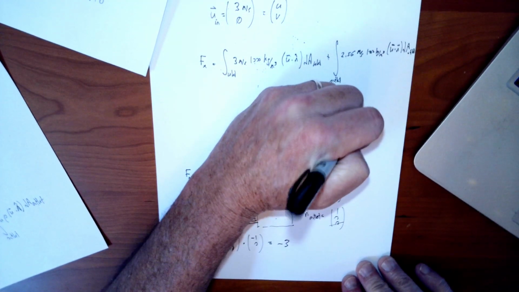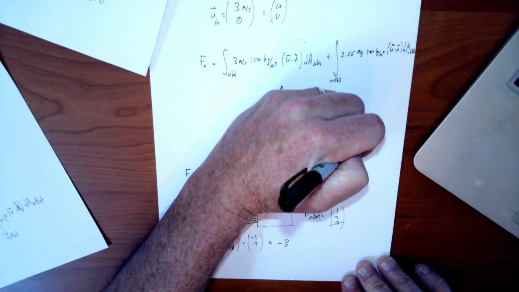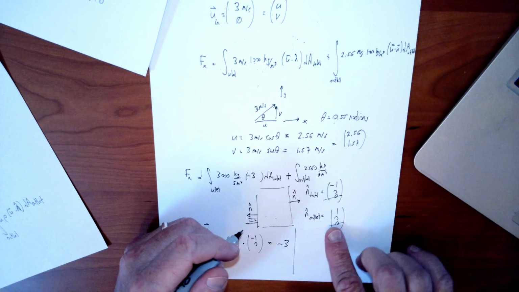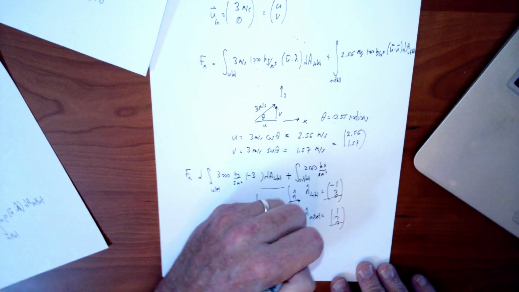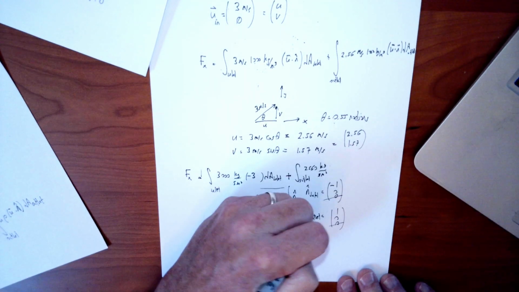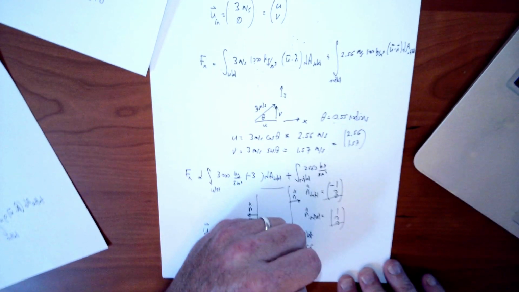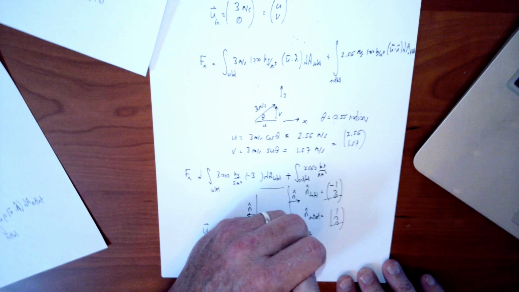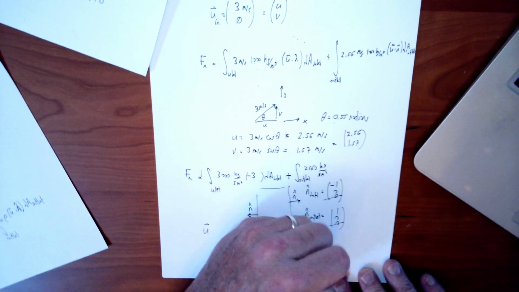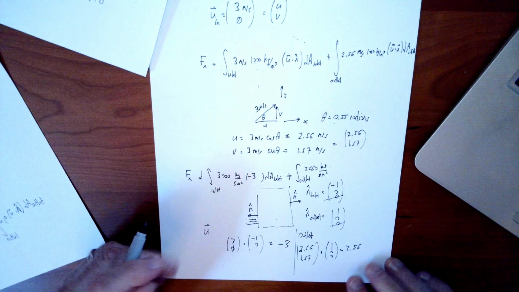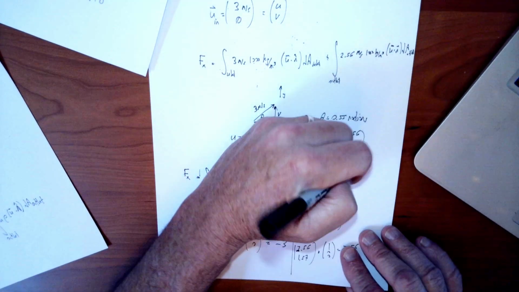So that gives you 2.56 and 1.57. And I'm going to dot that with the outlet. So at the outlet, I have 2.56 and 1.57 dotted with 1, 0, 0. Okay, so that's 2.56.